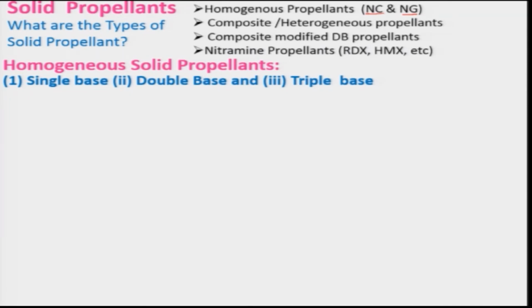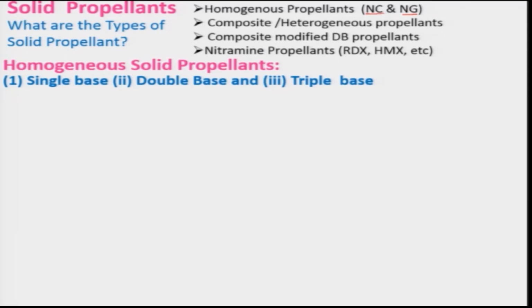For example, nitrocellulose or nitroglycerin can be used as a single base propellant, as both fuel and oxygen are together in the molecule. Therefore, when it decomposes, it releases a certain amount of heat, which you can expand in a nozzle to get thrust.